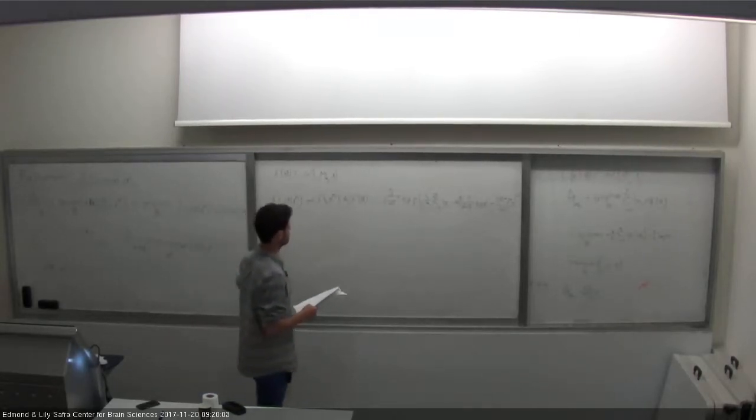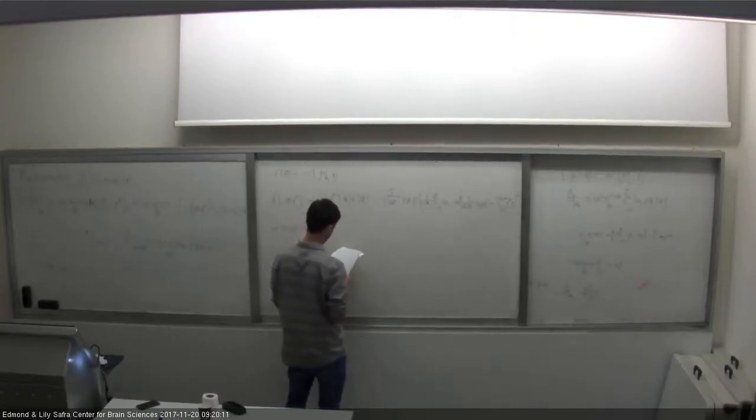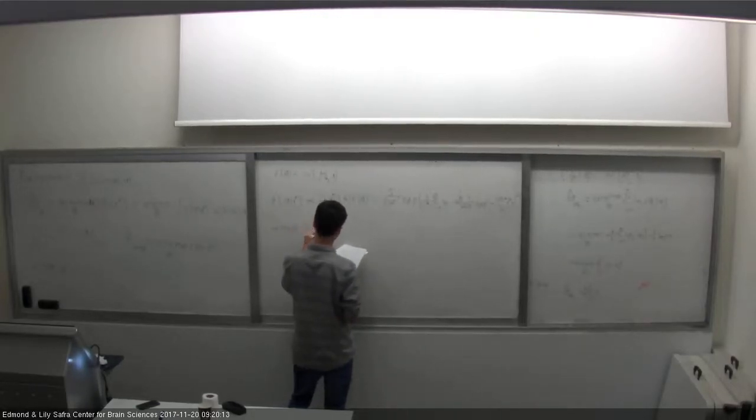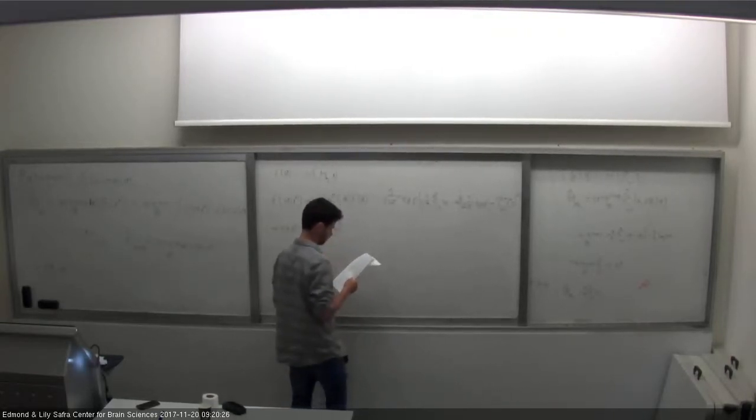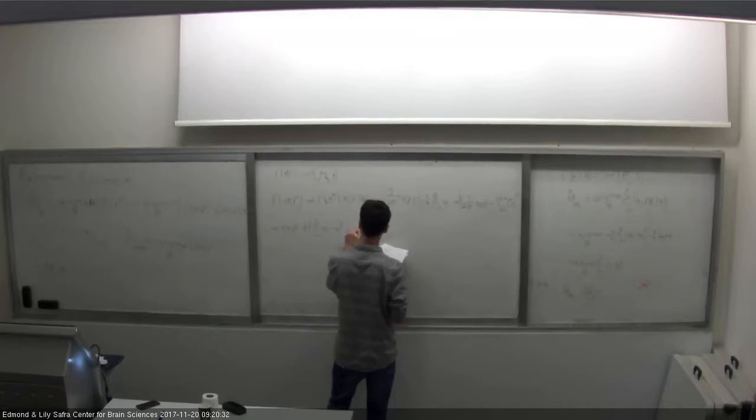This is proportional to the exponent of minus half the sum over i from 1 to n of (xi minus theta) squared plus (theta minus mu 0) squared.